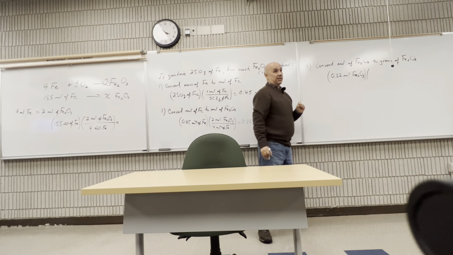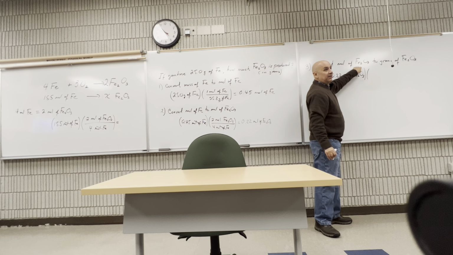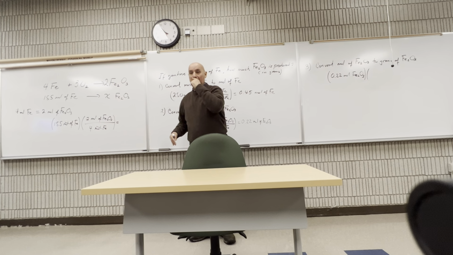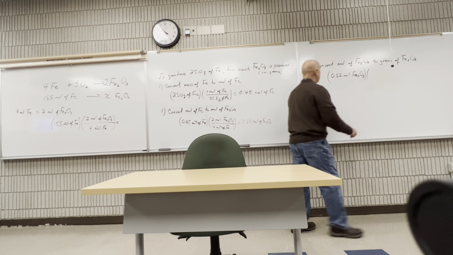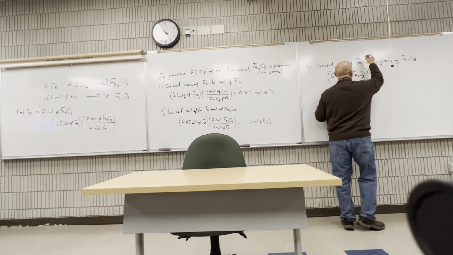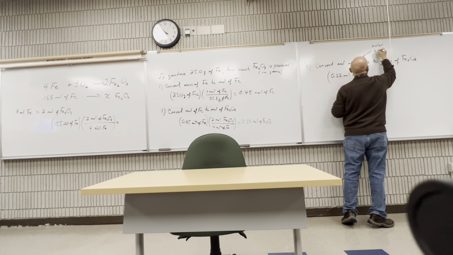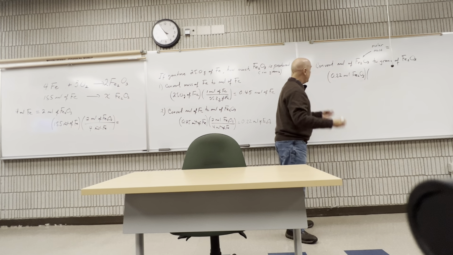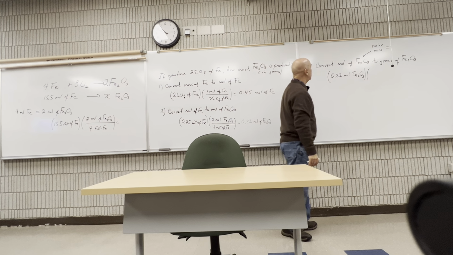We don't have it yet. So we need the molar mass of this guy. So that's an extra step, an extra complexity that is part of the thinking process that you had to be thinking about. So we need this molar mass. And once again, we learned that in chapter 8. How do we get the molar mass of Fe2O3?